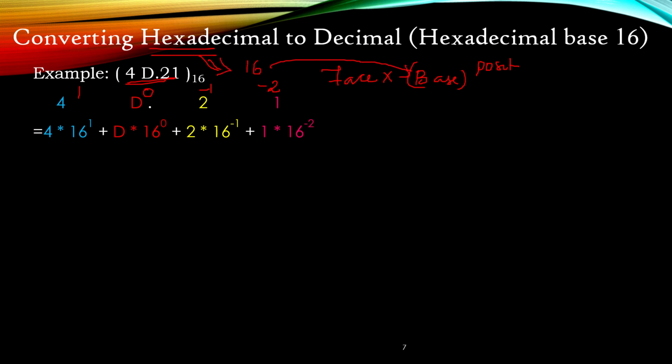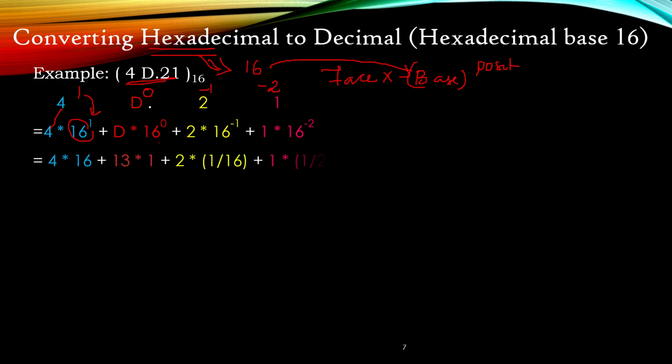So in this formula, we'll be putting 16. So 4 into base is 16 to the power of position is 1. Likewise, D into 16 power 0 and 2 into 16 power minus 1 plus 1 into 16 power minus 2.